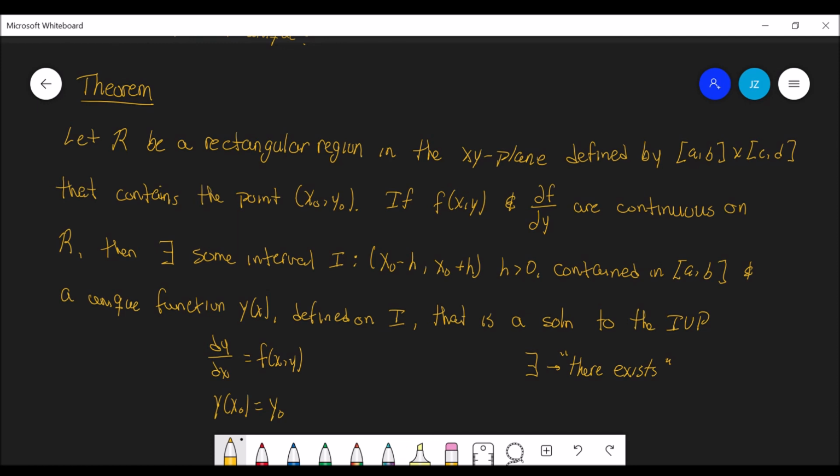So if we can show that the function f of x, y and its partial derivative with respect to y are continuous on some rectangular region in the xy plane, then we know that the initial value problem given by dy dx equals f of x, y, y of x naught equals y naught, will have a solution over some interval.